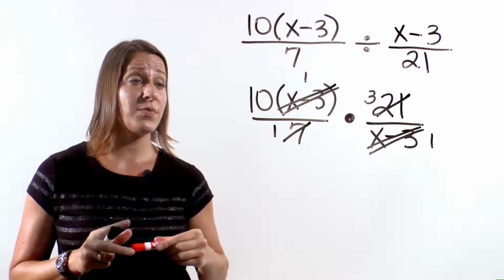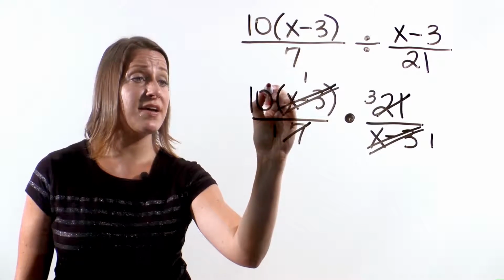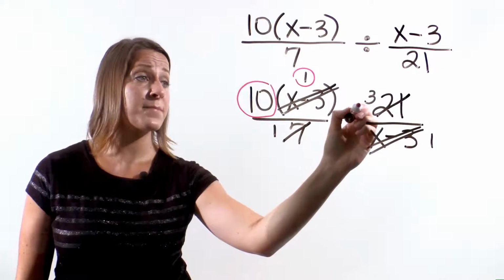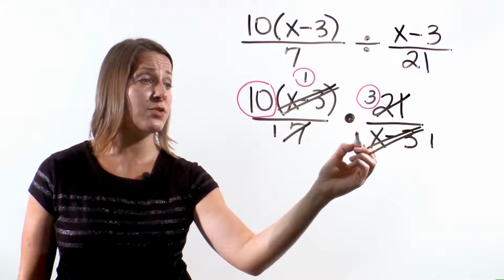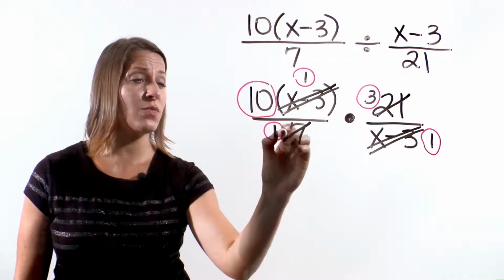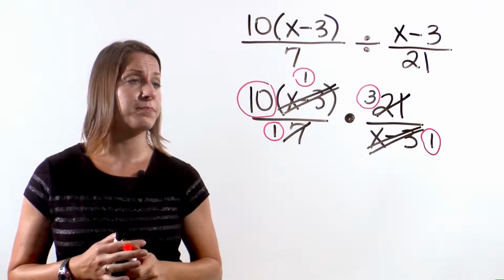So let's figure out what we have left. We still have this 10 left, and then we have this 1. We have a 3 in that numerator, a 1 in this denominator, and a 1 in that denominator.